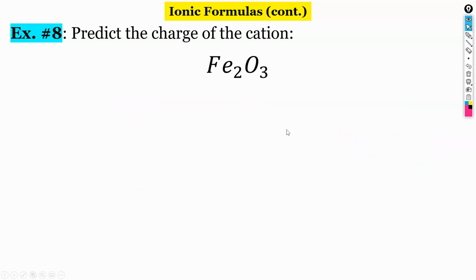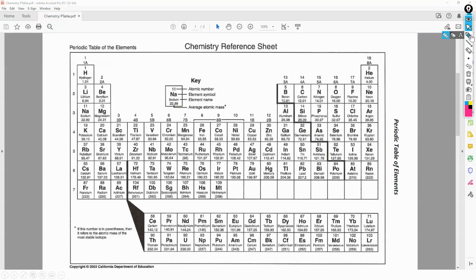All right, let's take a look at this example here. So we have iron, Fe2, and then we have O3. Again, let's find iron. Iron is here. It's in that middle part of the periodic table, so it's going to have a variable charge. We have to look at what it's attached to figure out what its charge is.